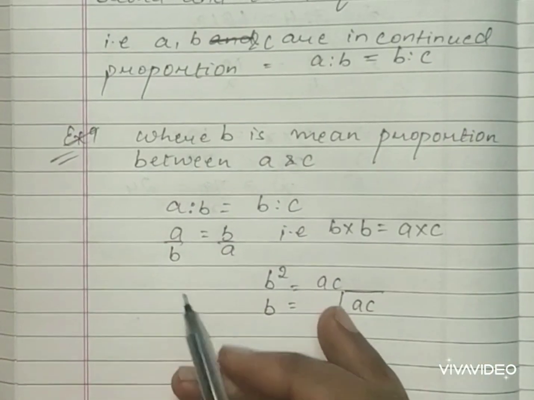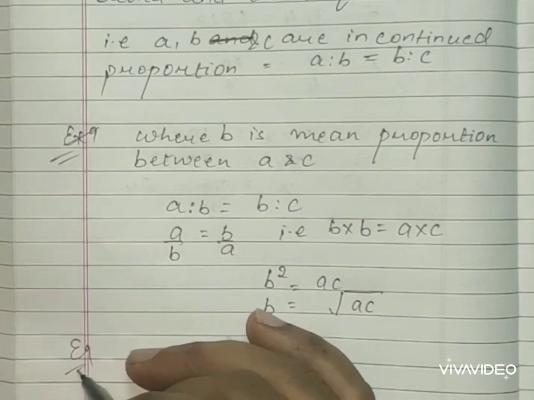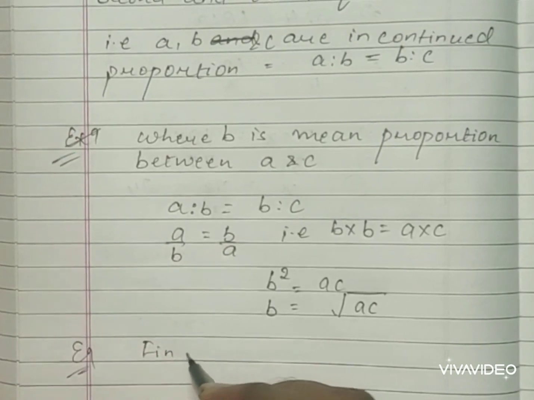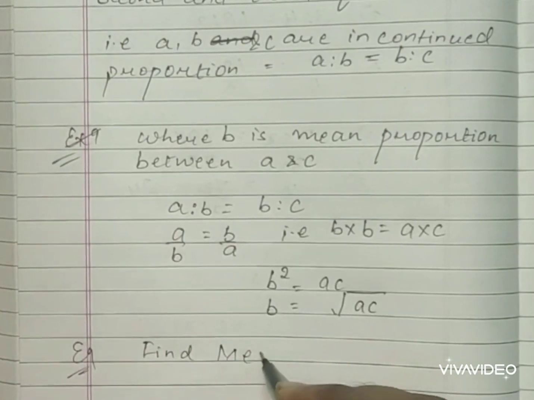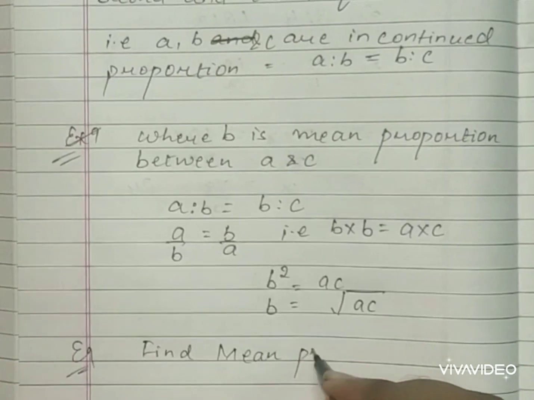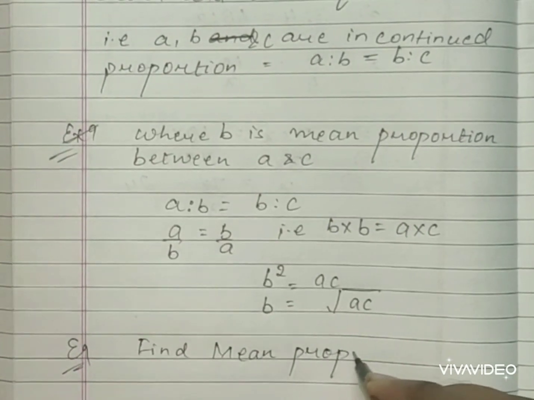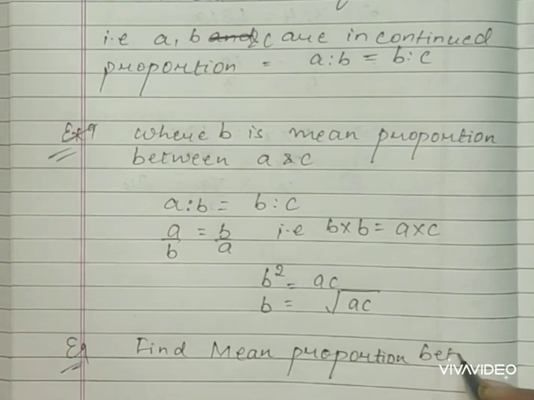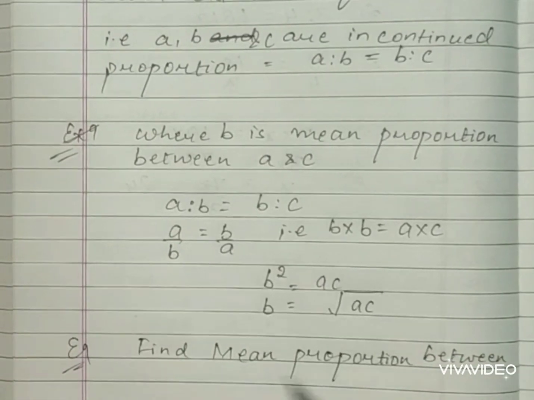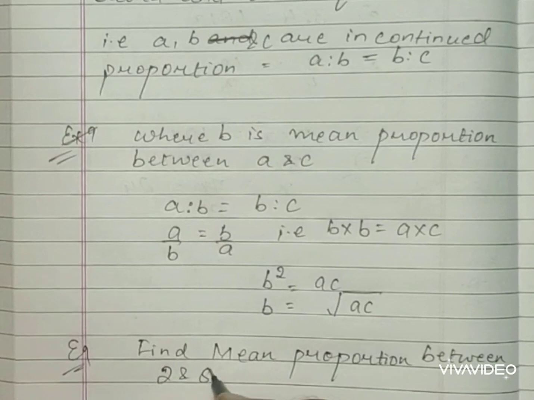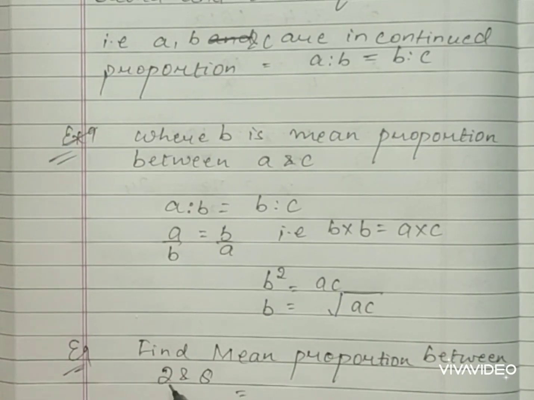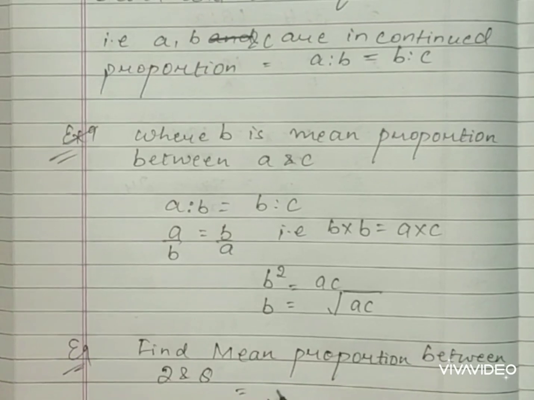So let's see an example. Find the mean proportion between 2 and 8. Okay, so we have to find the mean proportion between 2 and 8.